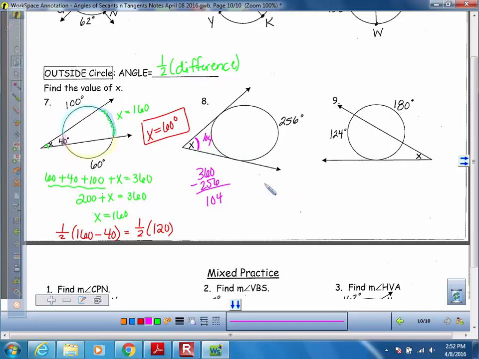So I would plug into this formula, and my angle x is going to equal 1/2 of 256 minus 104. When I do 256 minus 104, that gives me 152. And half of 152 is 76 degrees.